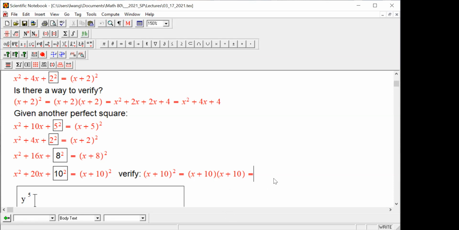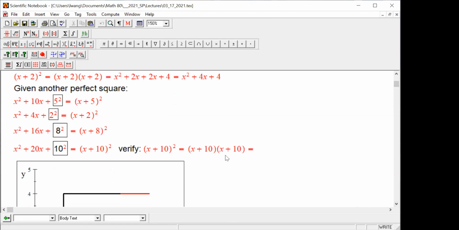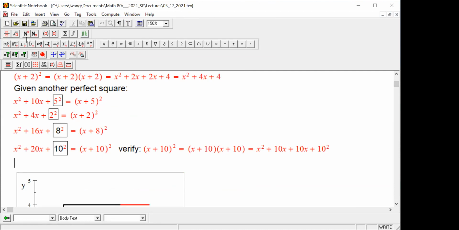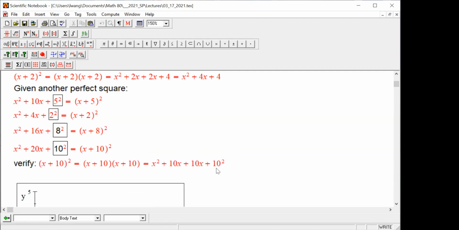Does it work? Oh, it does work. Good, I'm glad to hear that.